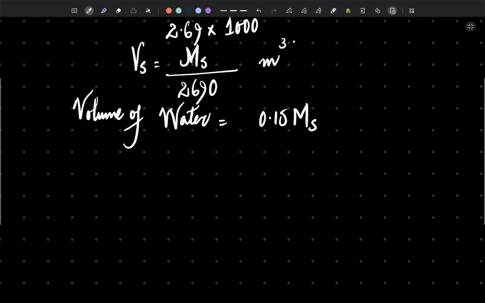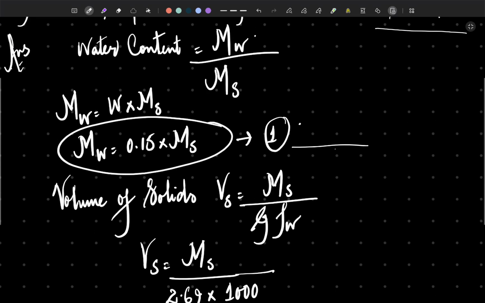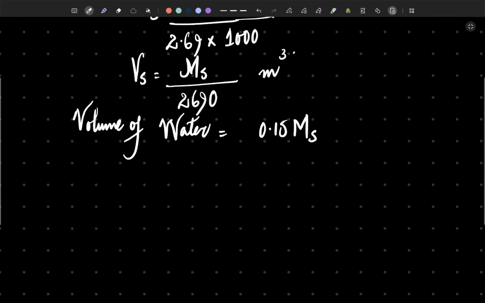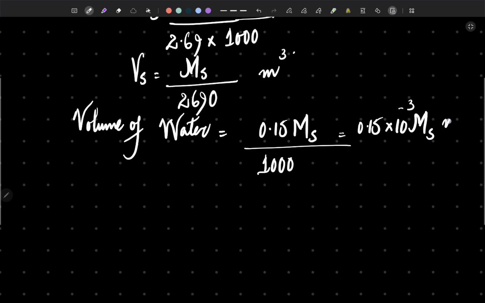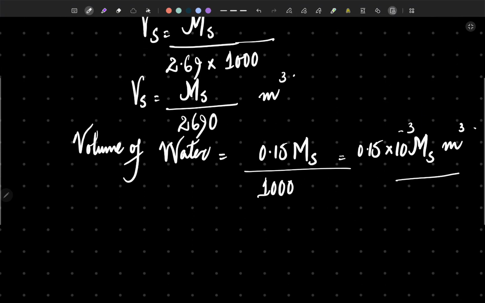So volume of water in this case will be mass of water, which is given by equation number 1, divided by the density, that is 1000 kgs per cubic meter. Alright, so this comes equivalent to 0.15 into 10 raised power minus 3 mass of solids, and the unit is cubic meters. I calculated volume of solids by this equation, and I calculated the volume of water, which was equivalent to mass divided by the density. Alright, moving on.